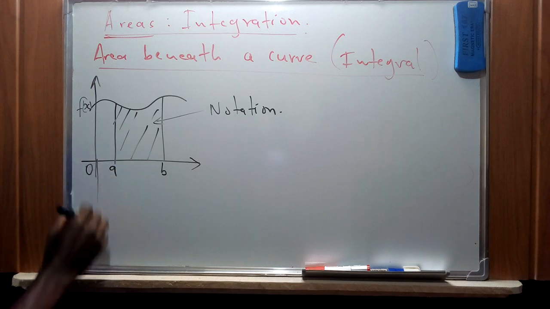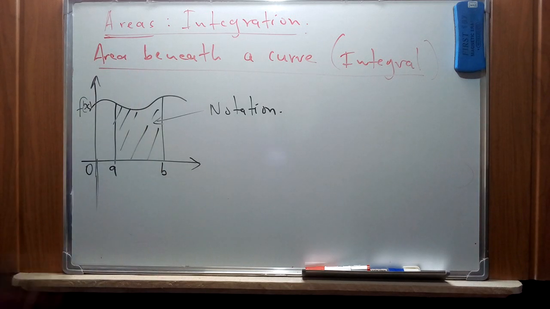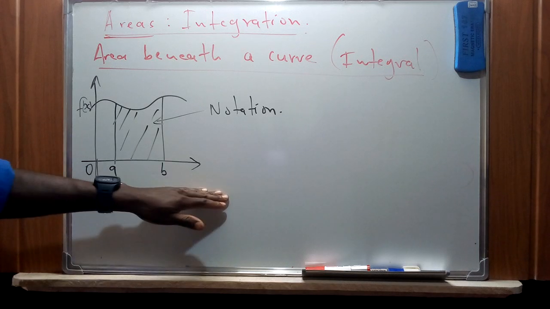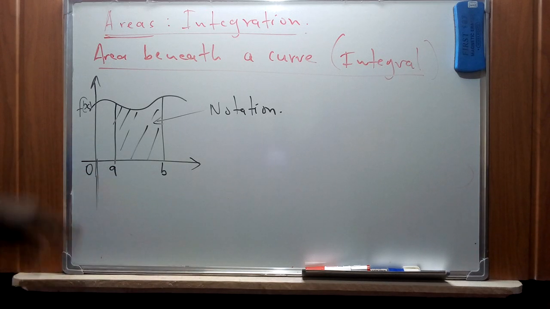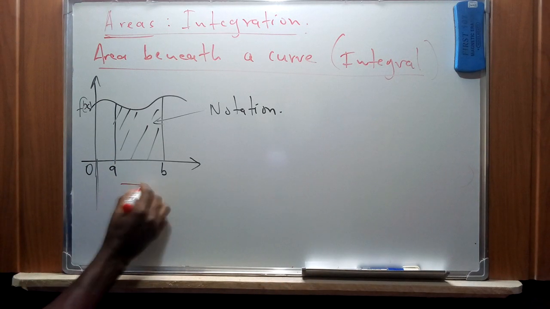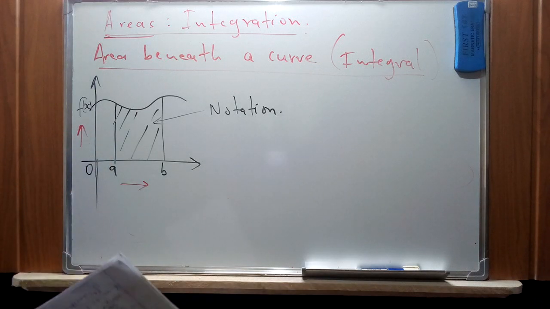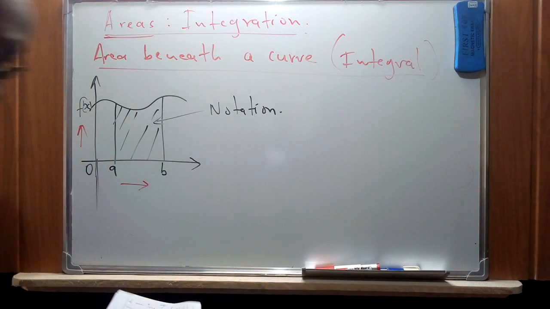I hope that we are conversant with the negative and the positive aspect. So the motion along the x-axis in the positive direction is indicated by that. I just indicate using this red, that the motion along the x-axis and the y has a movement in the positive direction, just to give us a clue.